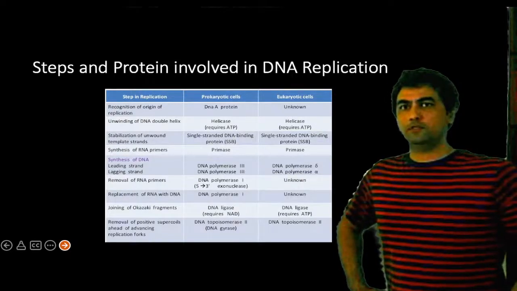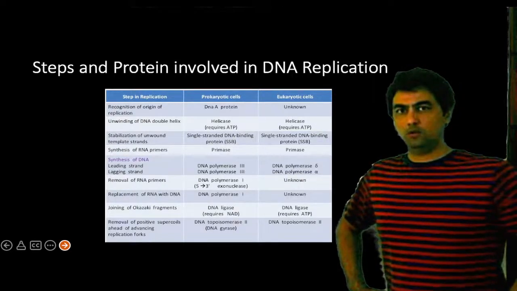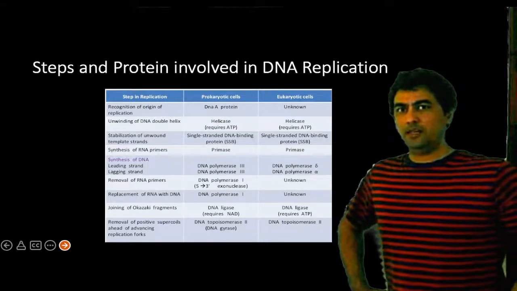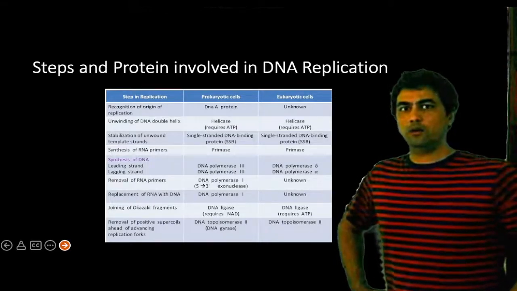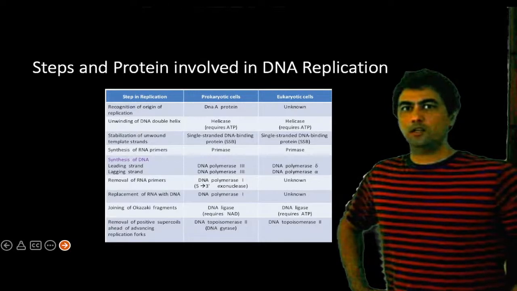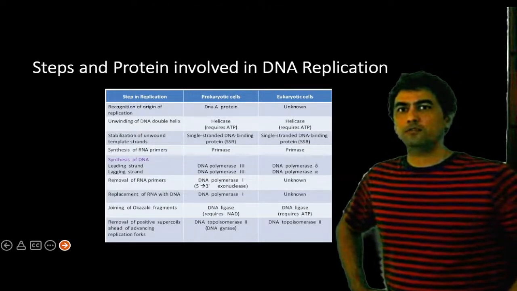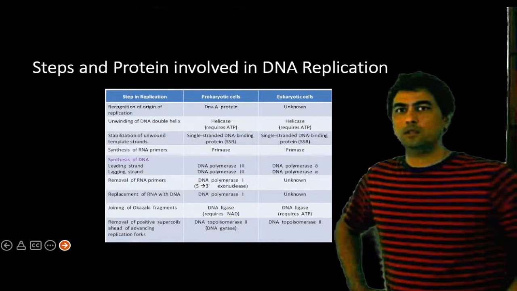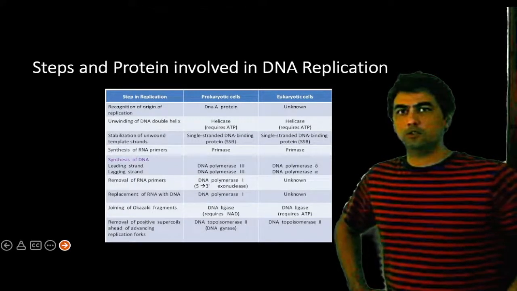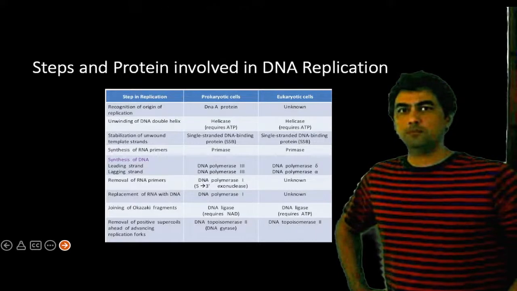Unwinding of the DNA double helix occurs by the action of helicase in both prokaryotic and eukaryotic cells. Stabilization of the unwound DNA occurs by single-stranded DNA binding protein.